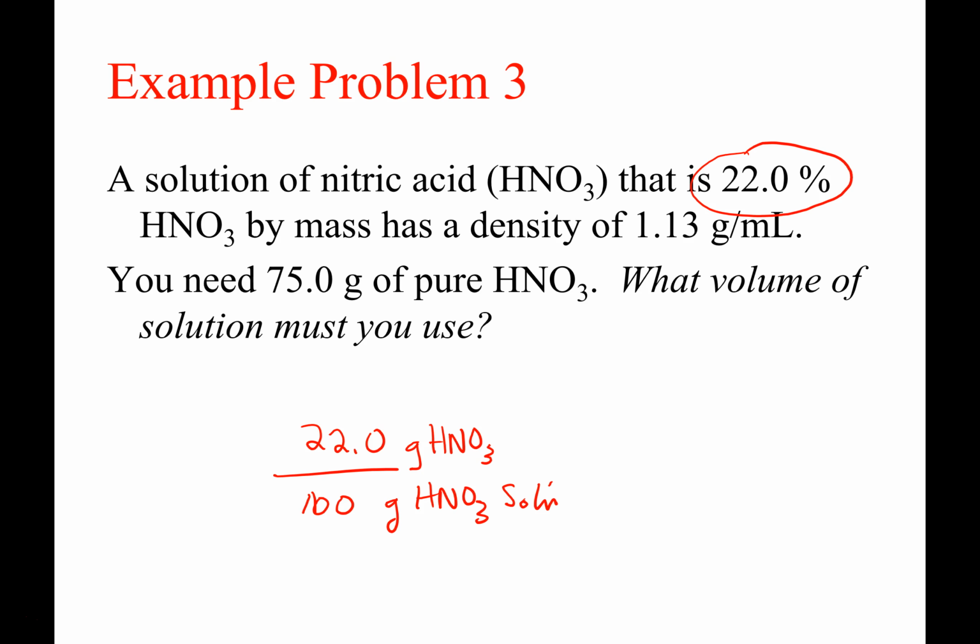Now, you will have some of these to work over the weekend. The 1.3 grams per milliliter is the density, which kind of throws people off a little bit. Do you think that's grams of HNO3 per milliliter of HNO3, or grams of HNO3 solution over 1 milliliter of HNO3 solution?